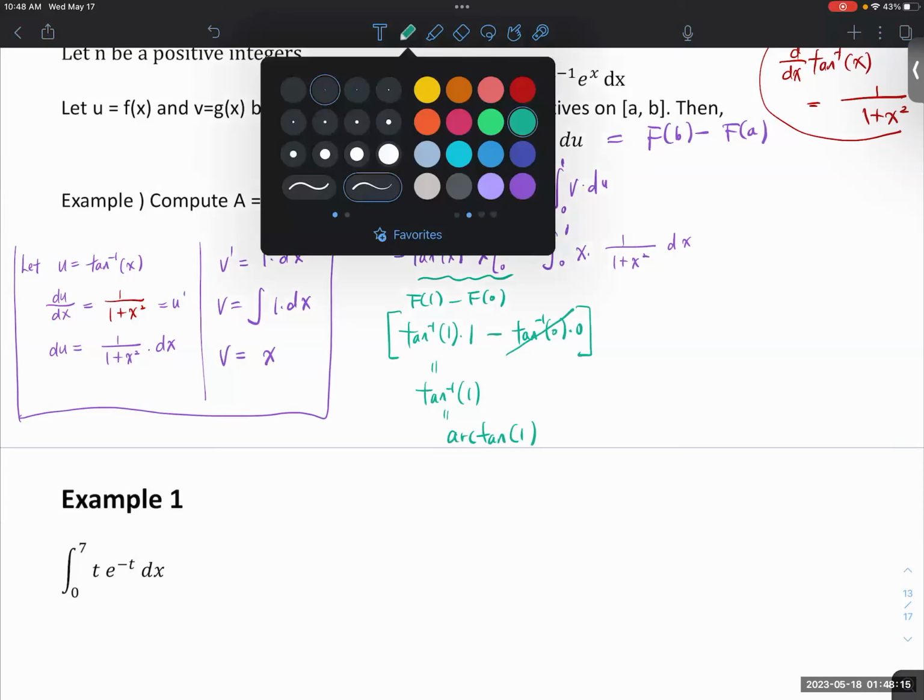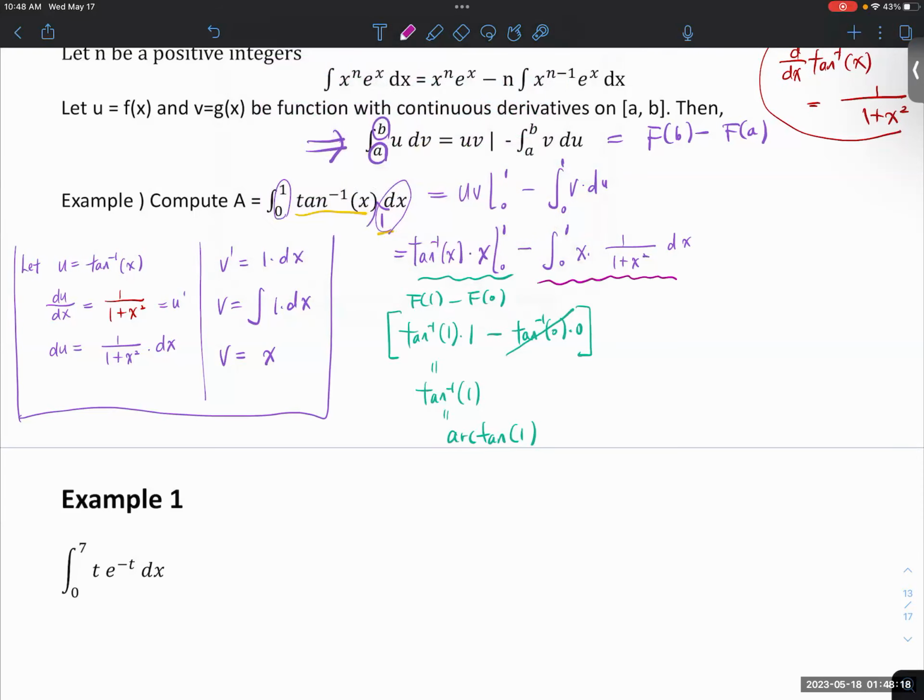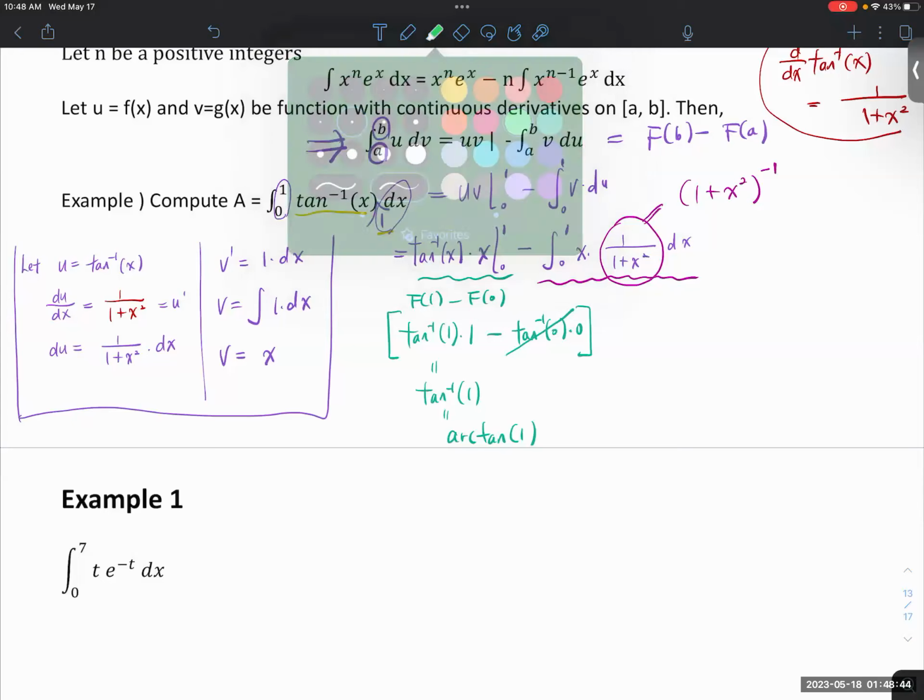So let's talk about the second part. We can modify 1 over 1 plus x squared, the same as 1 plus x squared to the negative 1 exponent, because I don't like the fraction. So now you can think about the u substitution, because you can use IBP, but that's going to be long work, but still you can use either method. So what I'm going to do, you're going to find x times the dx in terms of u.